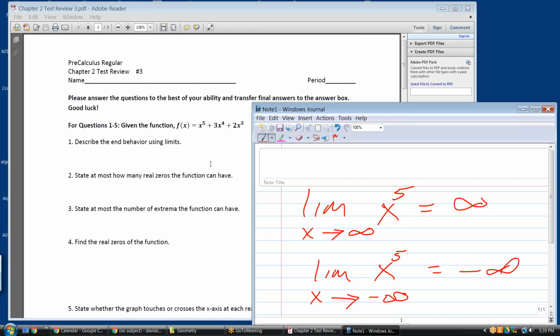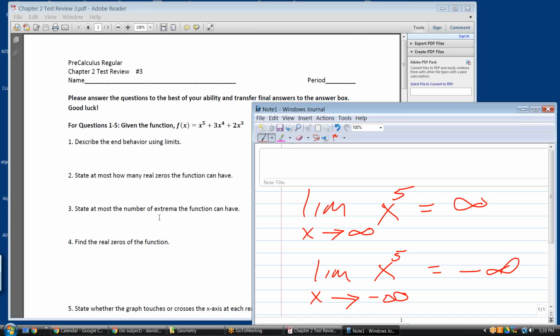Right. It doesn't have to have 5. Well, it kind of does, but sometimes two of them are the same, and so they'd say it has multiplicity of 2. But yeah, you're always capable of having as many real zeros as the maximum degree of your polynomial.